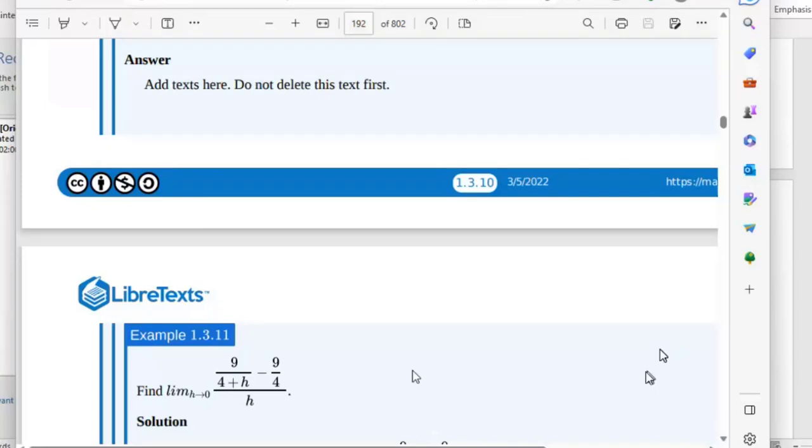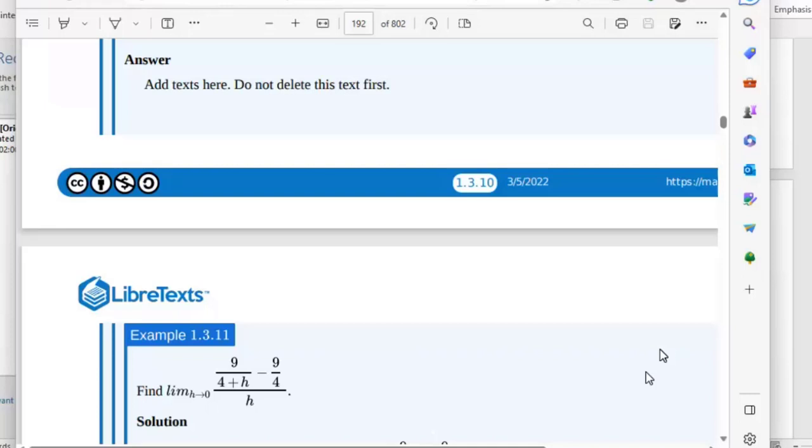And then I started from the left, when h approached 0 from the left. I substituted minus 2, and then I got a positive number, which is 1 over 34.